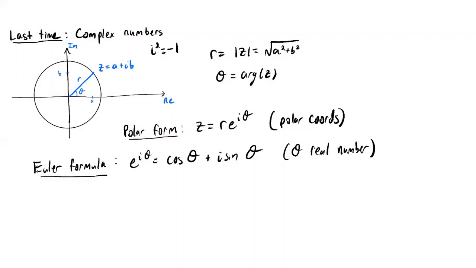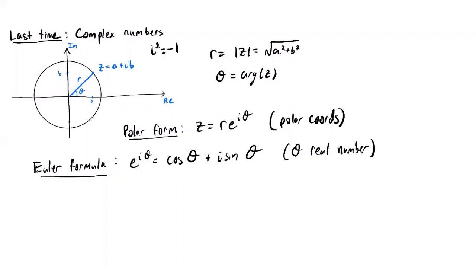This gives you a connection between complex numbers and trig functions, which turns out to be very powerful and useful. We're going to exploit this connection to make various calculations and theorems involving Fourier series easier to deal with.